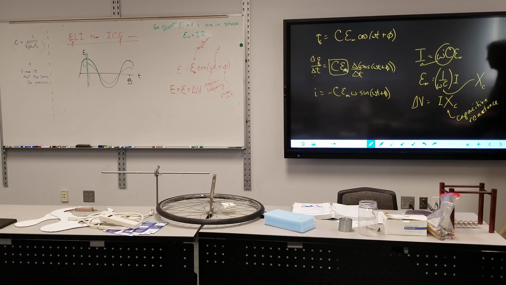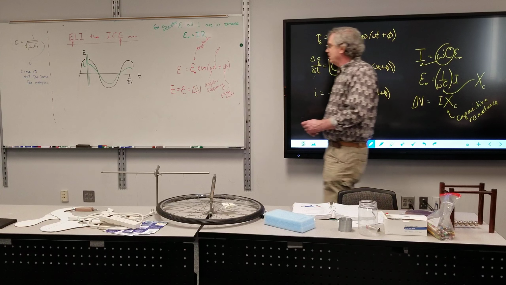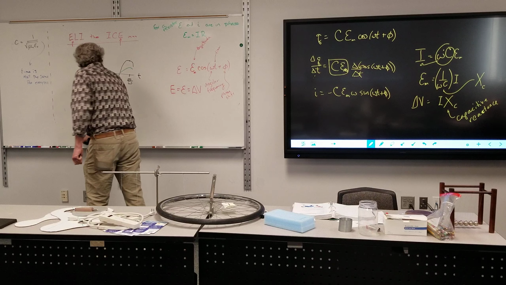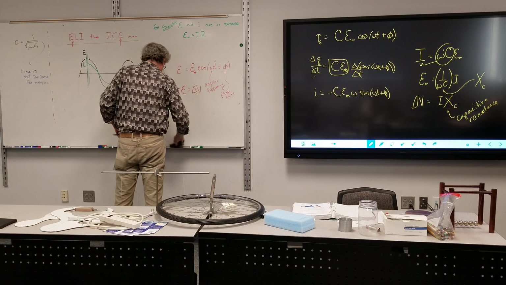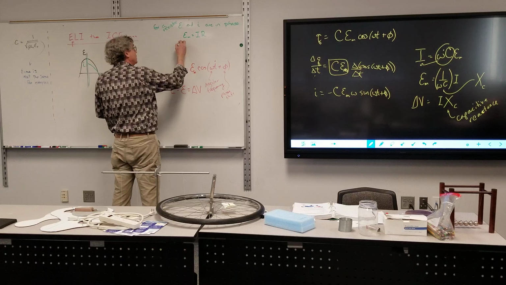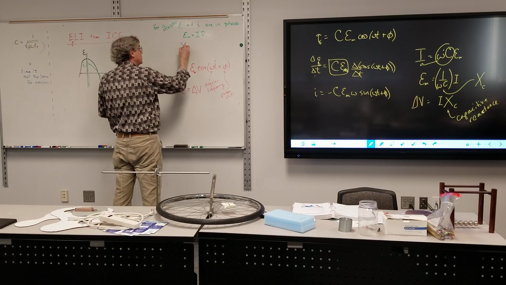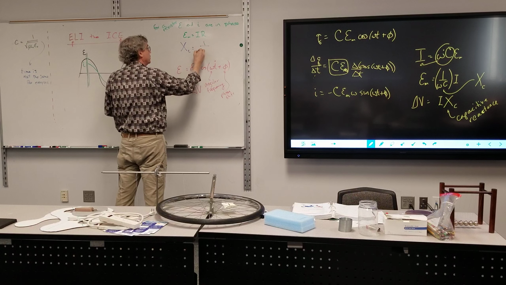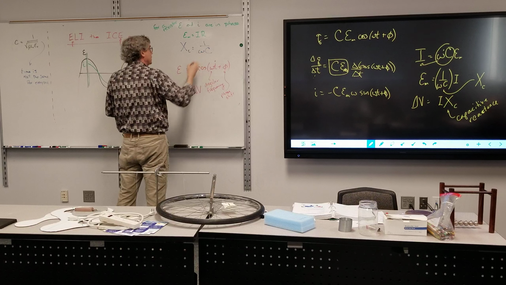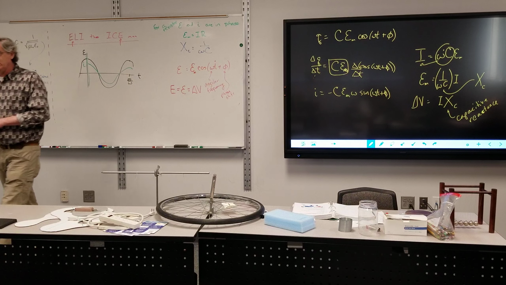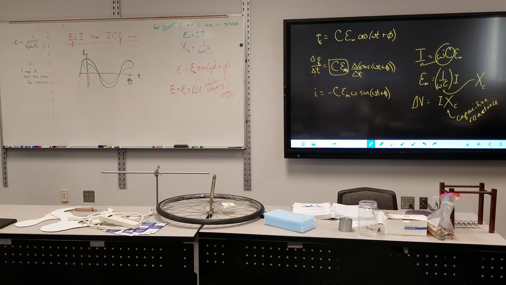Is the entirety of it, 1 over omega C, that whole thing, Xc? Yes. So we've now defined capacitive reactance: capacitive reactance is equal to 1 over omega C, where omega is the angular frequency and C is the capacitance.